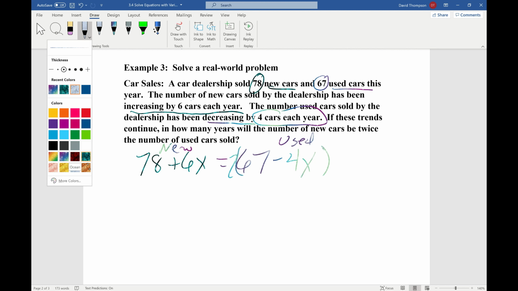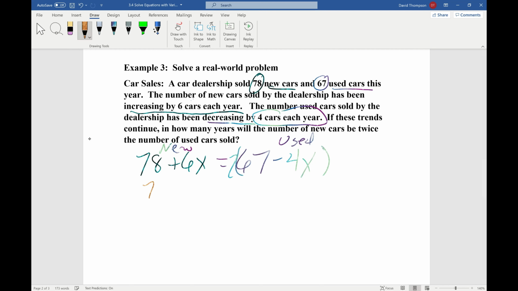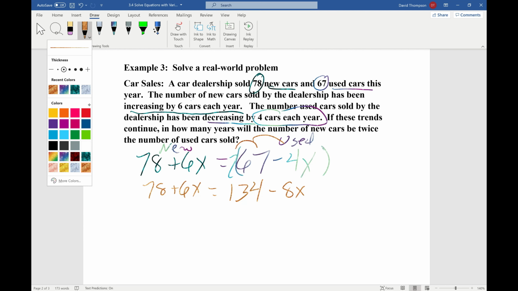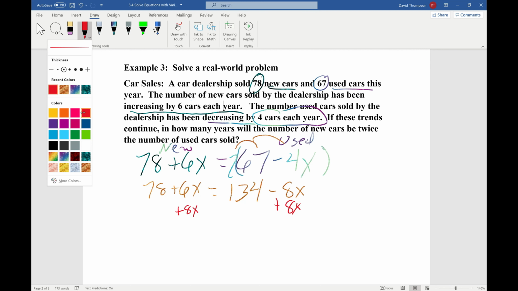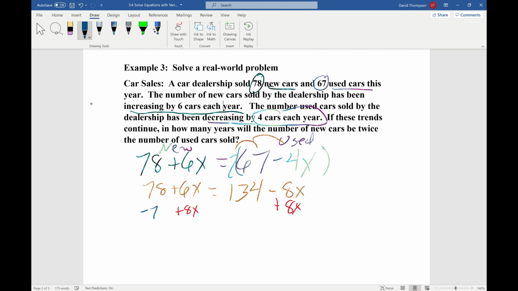First, I want to rewrite this left side, and I want to distribute the 2 on the right side. So 2 times 67 is 134, and 2 times negative 4x is negative 8x. Now we're going to add 8x to both sides to cancel the 8x out, and simultaneously subtract 78 from both sides.